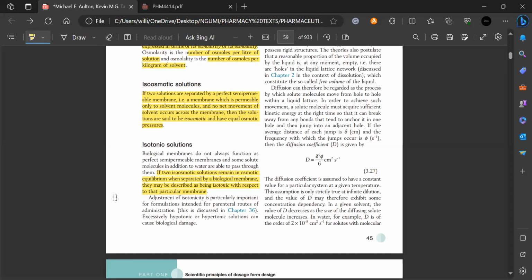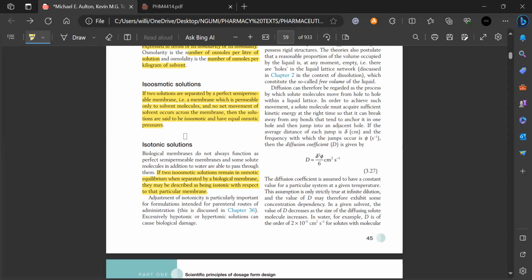So we say something is isosmotic if they have equal osmotic pressures and there is no net movement, meaning we have a perfect equilibrium between the two, separated by a semi-permeable membrane which only allows solvent molecules to pass through.